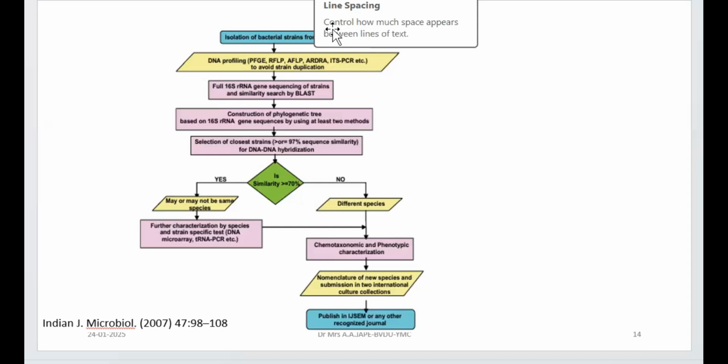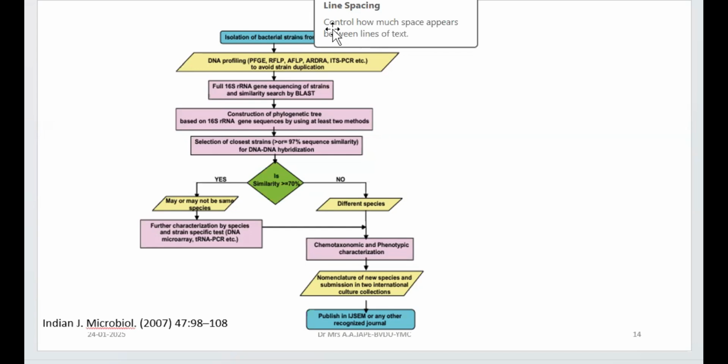And in spite of getting 99% similarity, there are certain sequences which have got inserted through environmental selection processes like horizontal gene transfer, etc. They may be generating substrains, and maybe the genus and species are the same but the type strain is different.